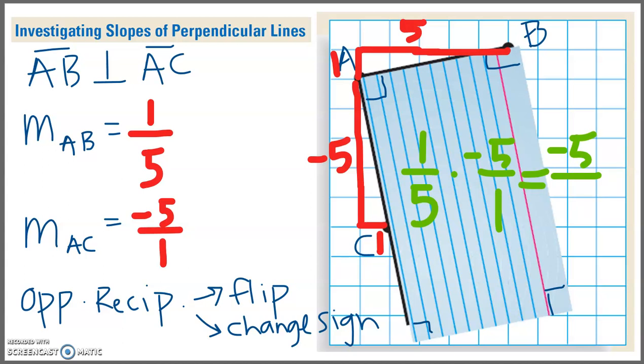Then on the bottom, denominator times denominator, 5 times 1 is 5. That simplifies to -1. So one way to check if they're opposite reciprocals is that when you multiply them, they should be -1. Or you can just make note of the fact that they are flipped and the sign has been changed.